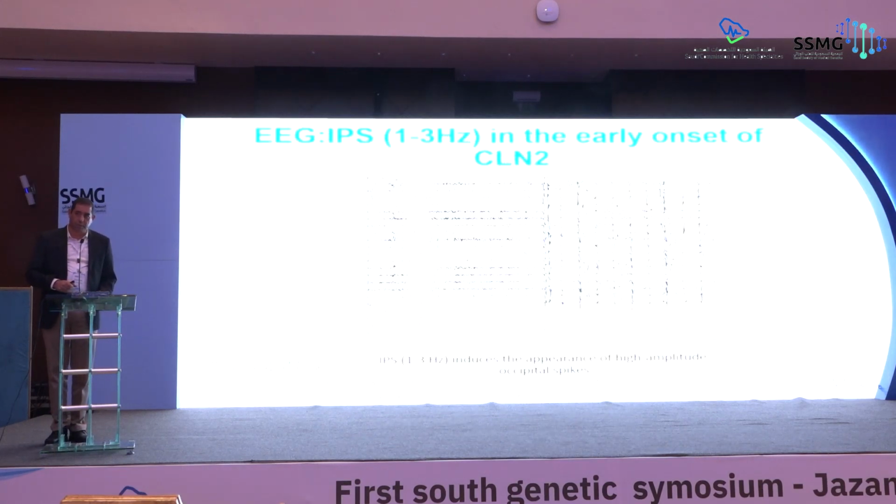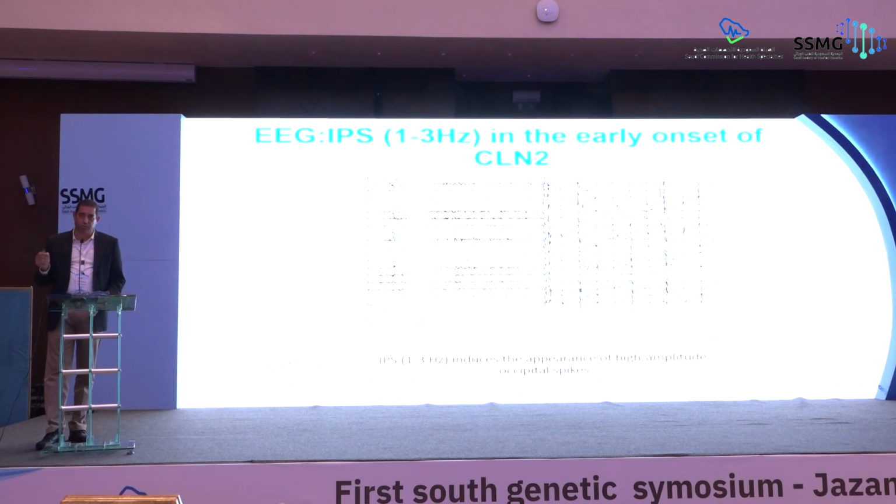This is a typical EEG for CLN2, and what is typical is the IPS, intermittent photic stimulation. You see that the first part of the EEG is normal, and what is in blue is the photic stimulation. Once we start to apply photic stimulation, it must be at low frequency. Usually in the EEG department, we start at 3, 4, 5 Hz. No, we have to start at 1 Hz.